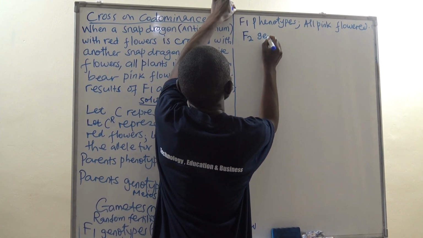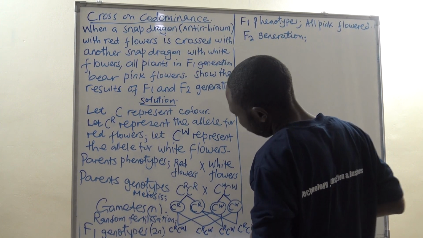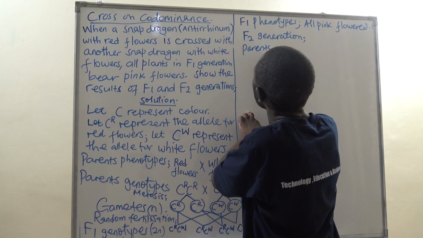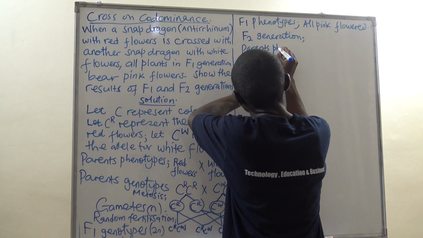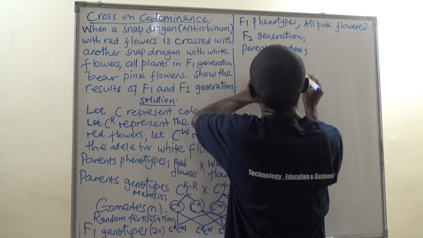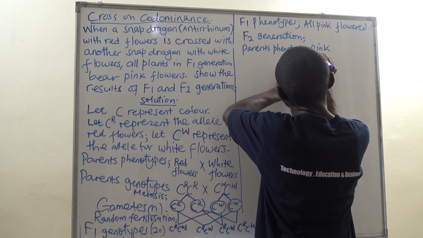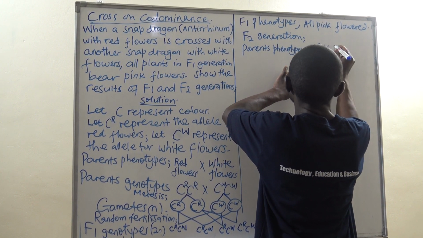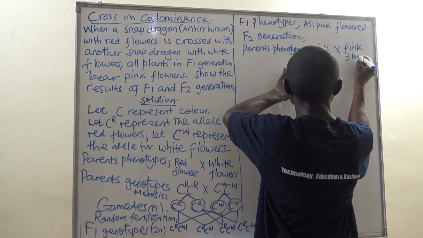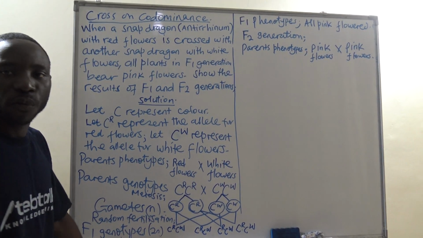Now, very fast, let us proceed to the F2 generation. We have parents' phenotypes: pink flowers, crossed with another parent with pink flowers. Those are the phenotypes of the parents in the F2 generation.